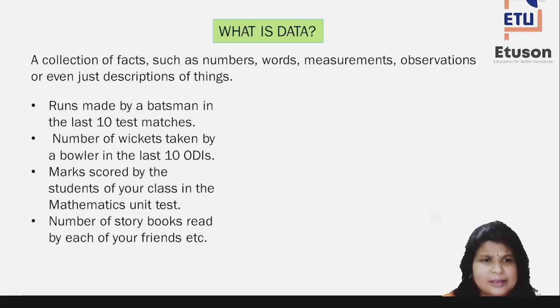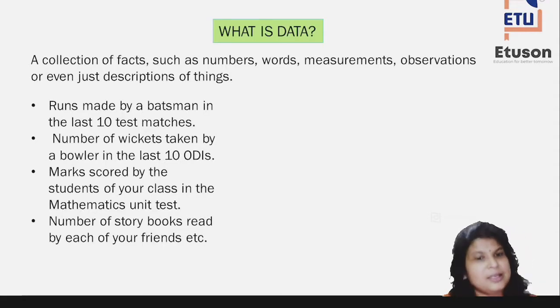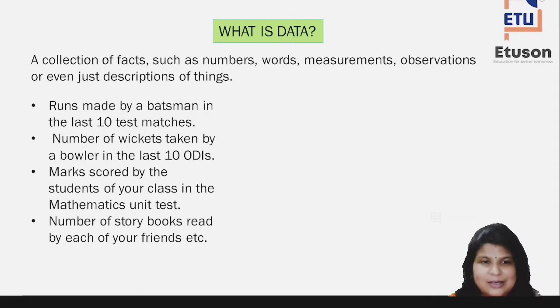It's a data. Marks scored by students of your class in mathematics unit test. That is again a number or data, individual numbers of each and every student. Correct or not? Now, number of storybooks read by each of your friends, etc. So these are some of the example of data. There are infinite number of example. You can take it from your surrounding.